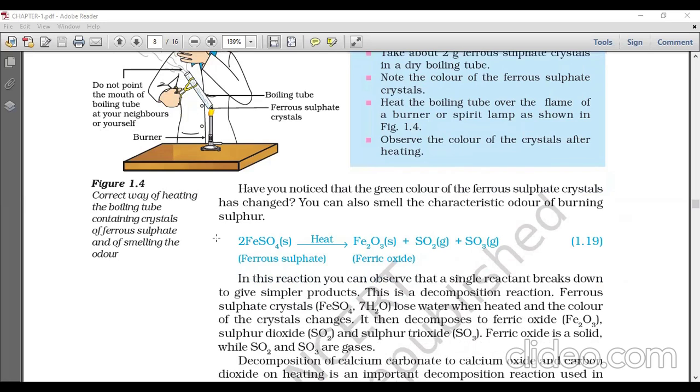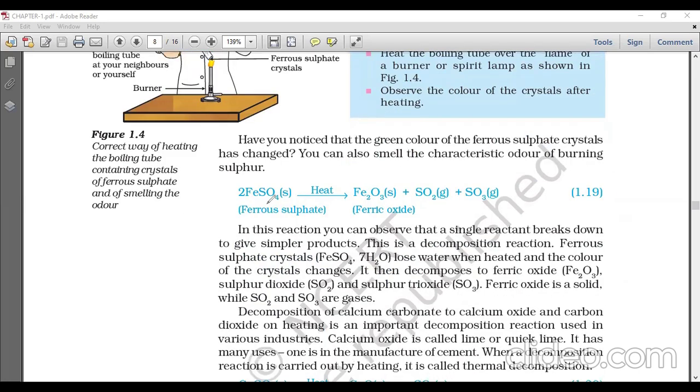Now the chemical reaction is given. We are taking ferrous sulfate, which is light green in color, and heating it in a test tube. It gives ferric oxide, Fe2O3 solid, plus sulfur dioxide.